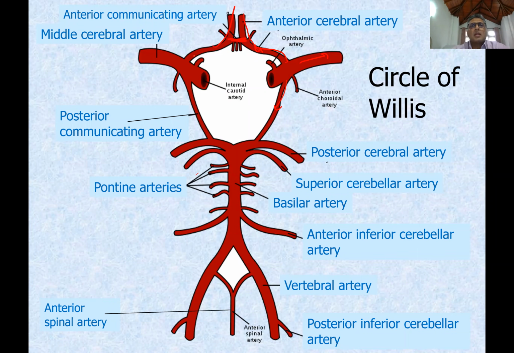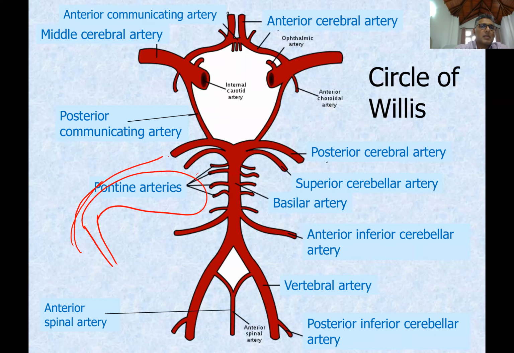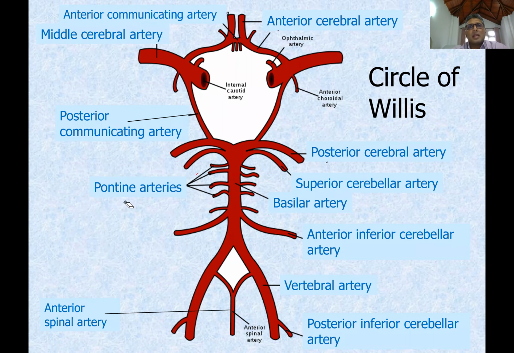If you have your corpus callosum like this, the anterior cerebral artery passes over the corpus callosum like this in a medial view. So your cingulate gyrus would be in that area. So those areas are supplied by the anterior cerebral artery. We'll take a look at that. So these are the things that I wanted to express here.